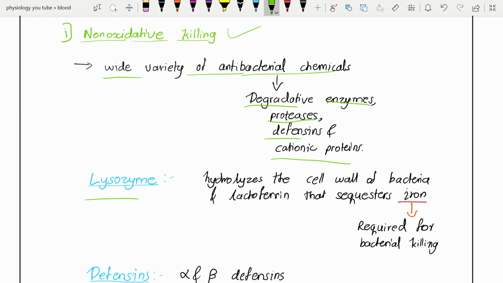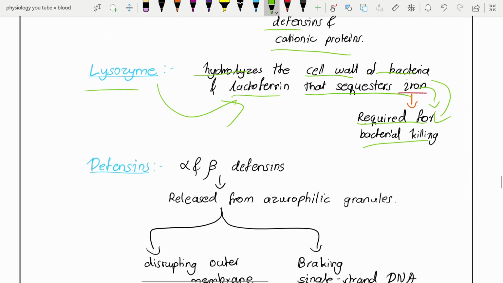Lysozymes hydrolyze the cell wall of the bacteria, and lactoferrin sequesters the iron. So iron is required for bacterial killing. When lysozyme destroys the lactoferrin, iron is released to kill the bacteria. That's simple.